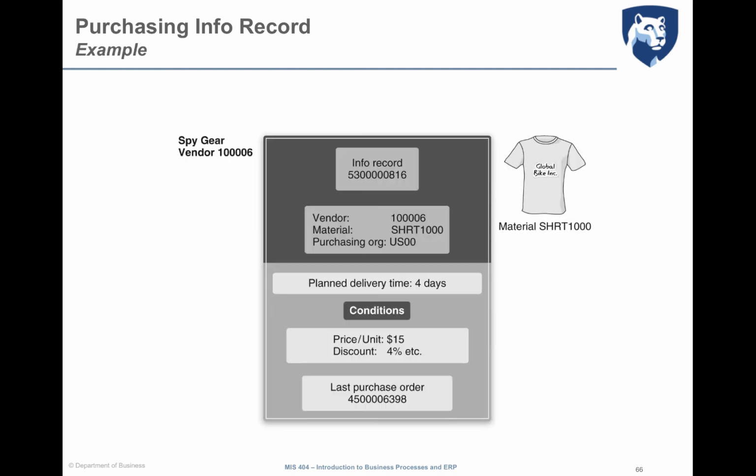If you see here, we have an example of the purchasing info record taken from JBI.